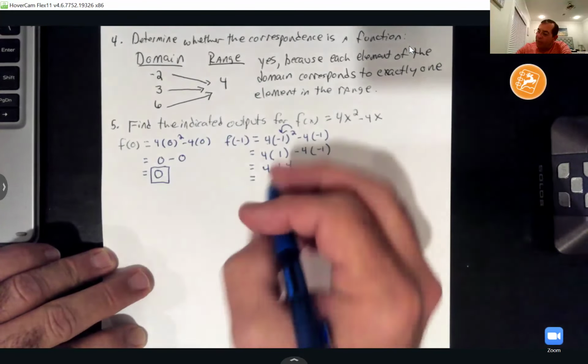So vertical line test says, for this to be a function, a vertical line cannot intersect this graph more than once anywhere. If it intersects it more than once, it's not a function.